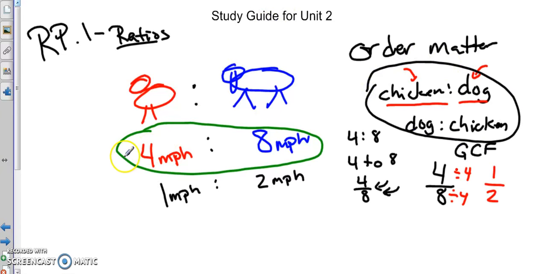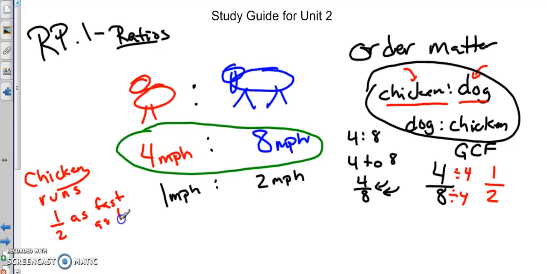So the speed of the chicken compared to the dog, the chicken runs half as fast as the dog. Okay? Because the chicken runs slower than the dog. So the chicken runs half as fast as the dog.